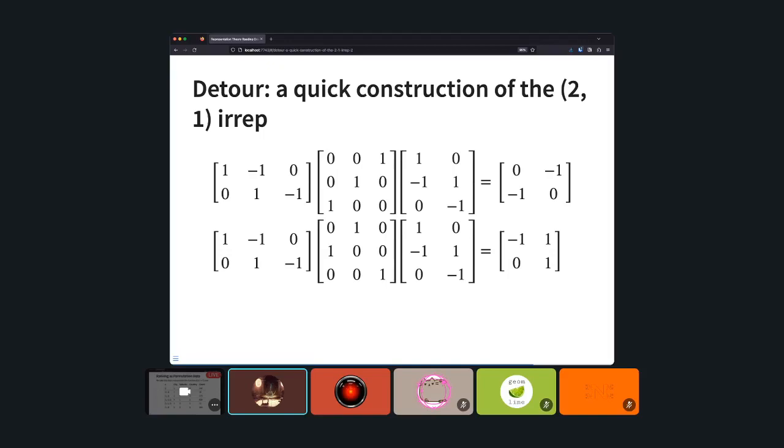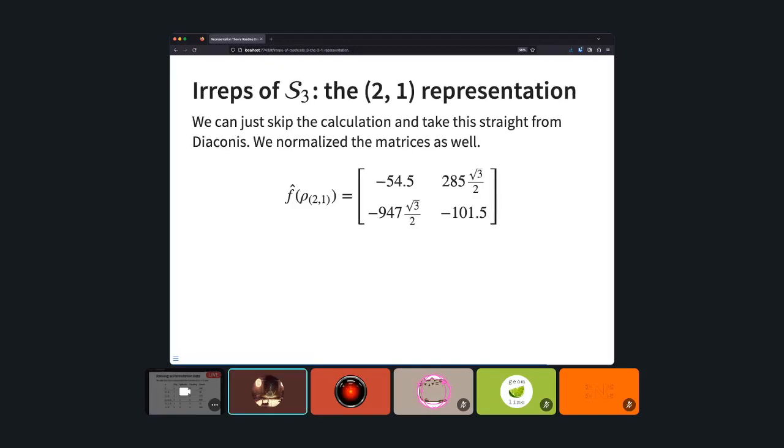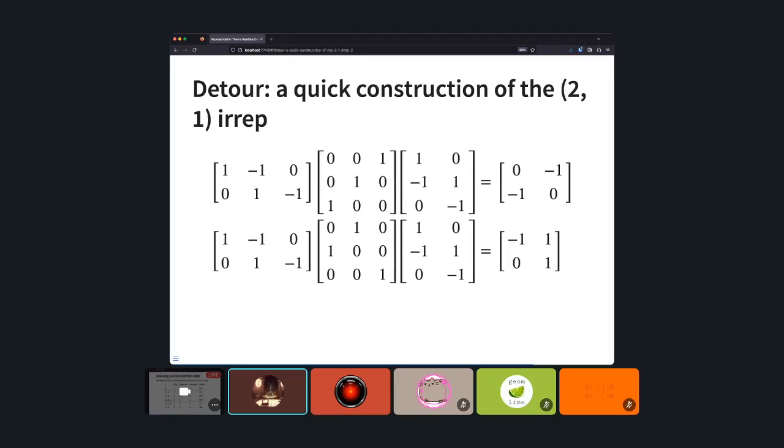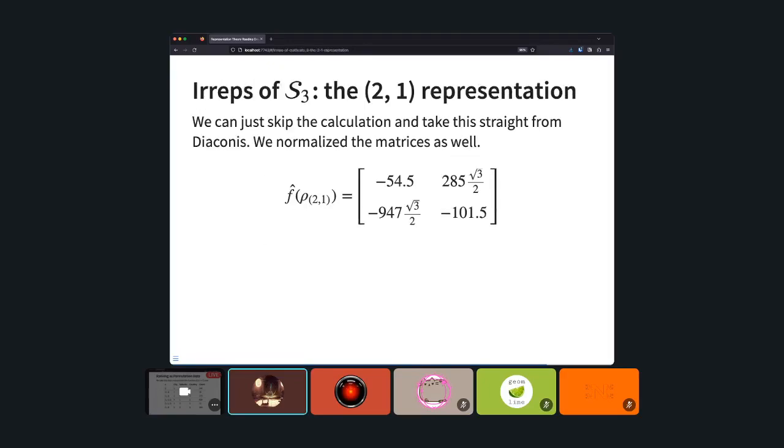But anyway, we use the irrep, and you want to make this orthonormal, so you get a lot of square root 2s and square root 3s to make everything orthonormal. Then I'll spare you the calculation of this weighted average of all of these matrices, and this is what you get. And you might be like, all right, what does this mean?